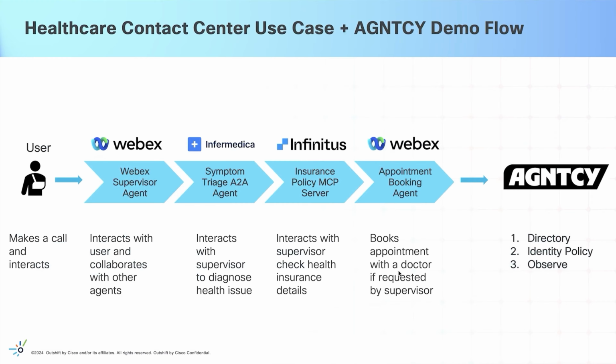And then it will pass a request to the insurance policy MCP to understand the medical coverage of the insurance. At the end, we will go to the appointment booking process. And after that, we'll also show you how agency works in the entire process. Okay, let's go to a demo.